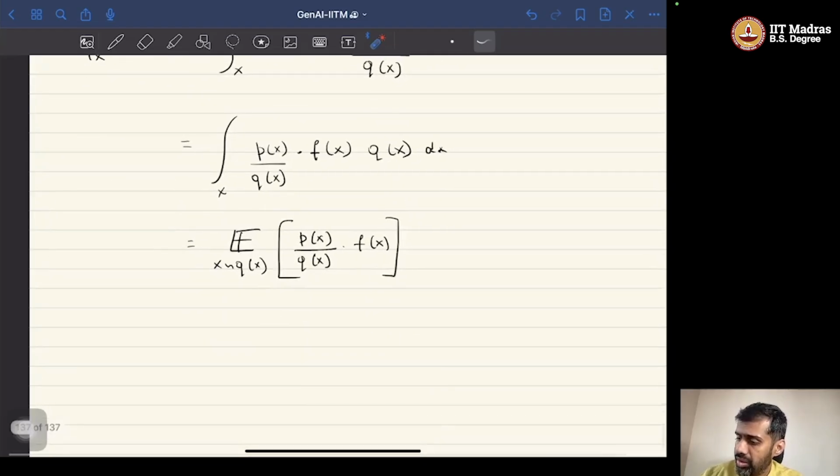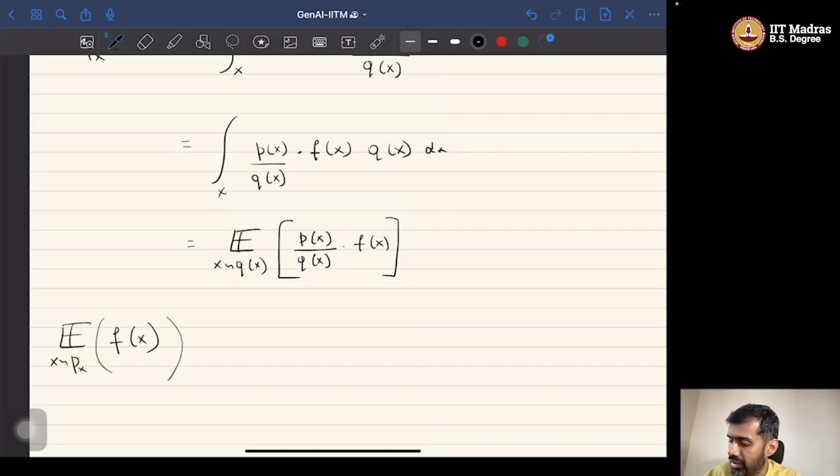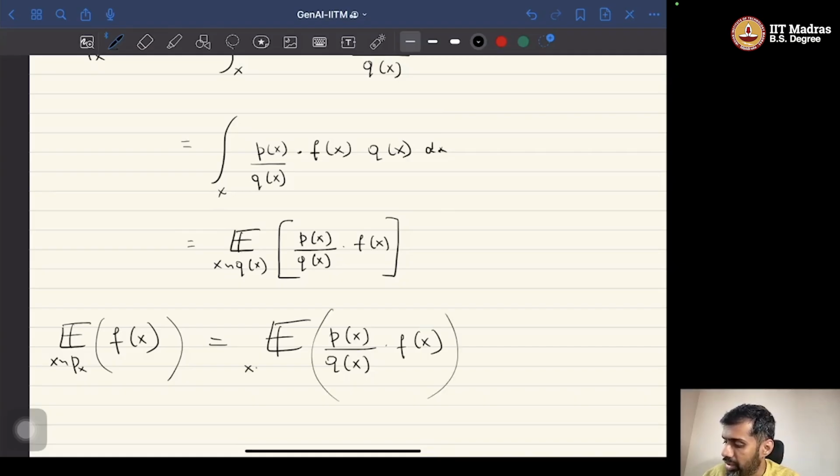Okay, so now what did we just do? We wrote the expectation of a function f of x with respect to distribution px as an expectation of the same function f of x multiplied with the ratio of two densities, and this expectation is now with respect to qx. Now this technique is what is called importance sampling.